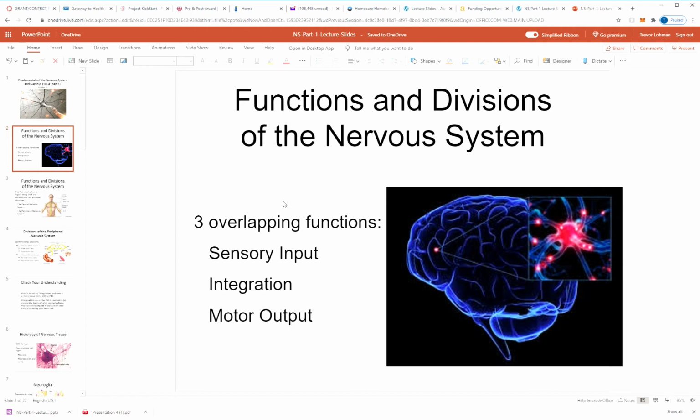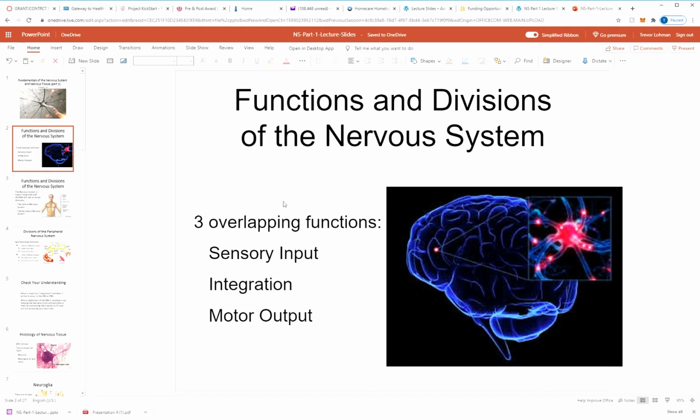An example of that might be you touch a hot stove. You don't know it's hot. So you have temperature and pain receptors in your hand and fingers that are activated by that extreme temperature, which results in sensory input. You have what's called action potentials or nerve impulses being sent to your spinal cord at a very rapid rate.